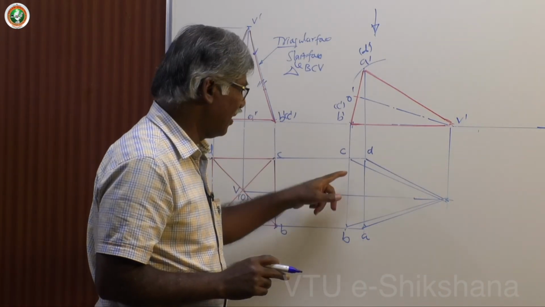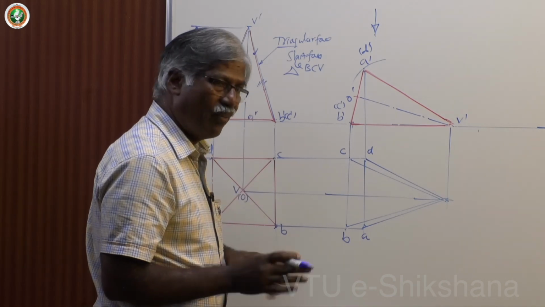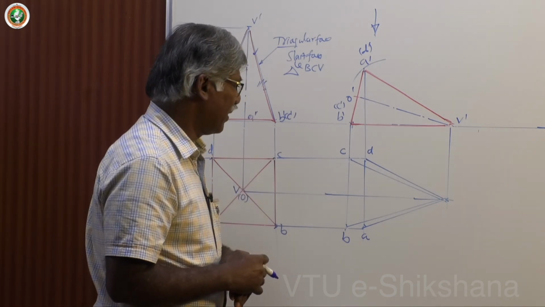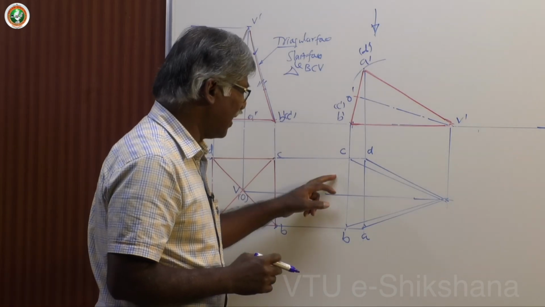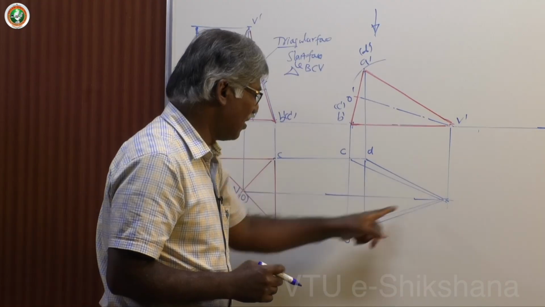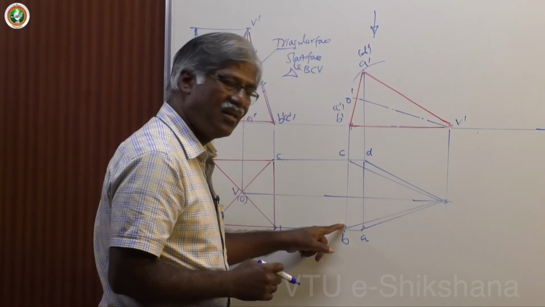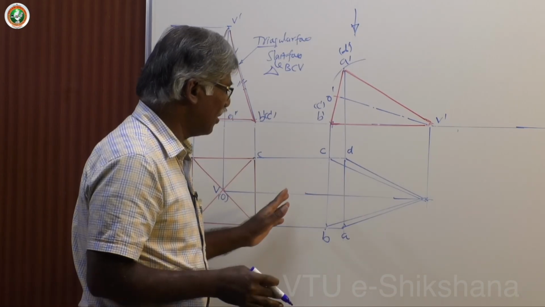So that is the visible boundary actually. Okay. And the boundary lines, yeah, the farthest item is BCV. BCV is not visible, but the boundary is visible. Yes, it works, but it leads to confusion totally.